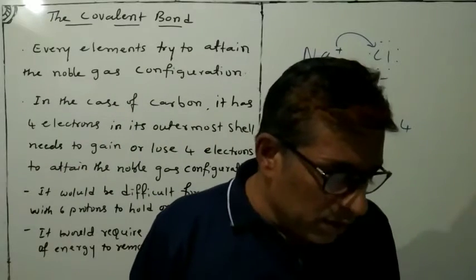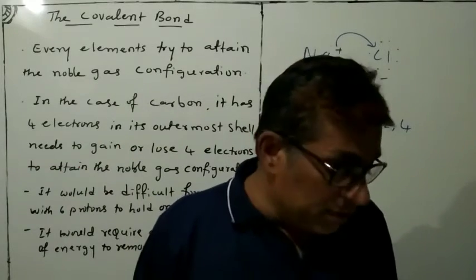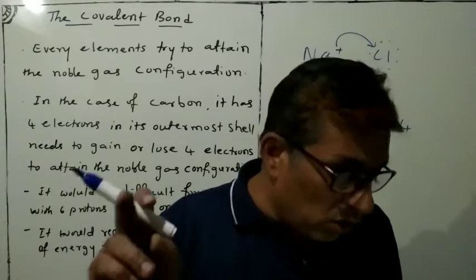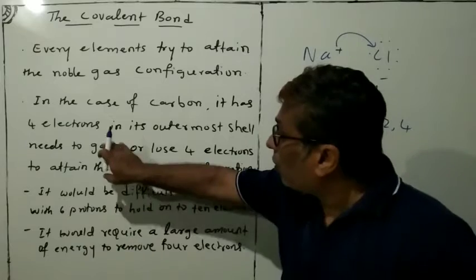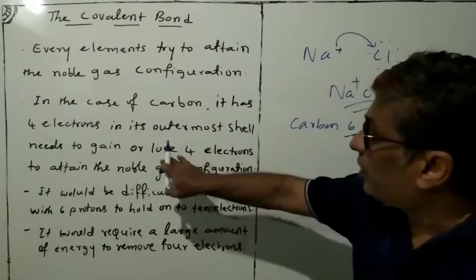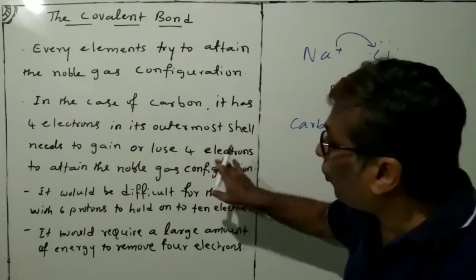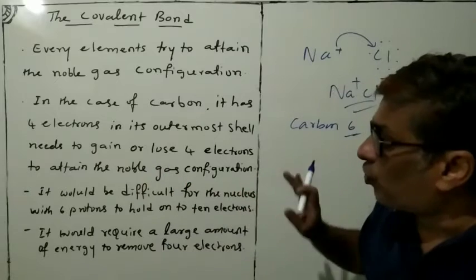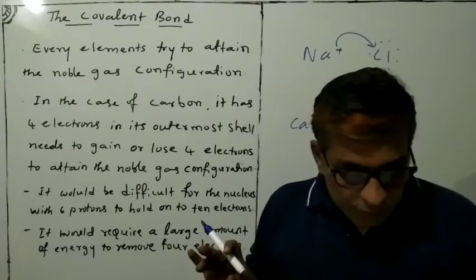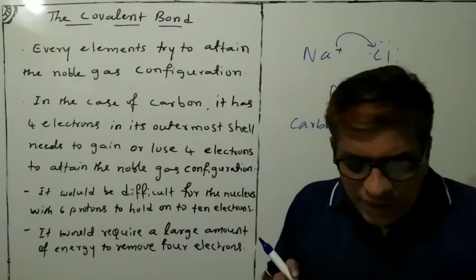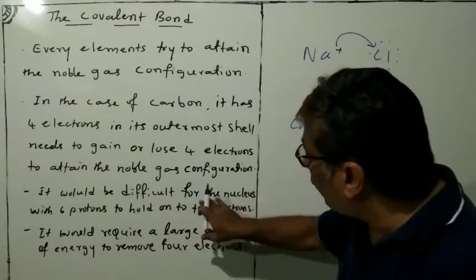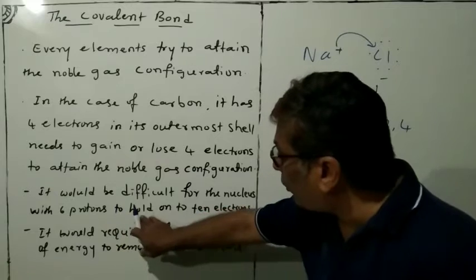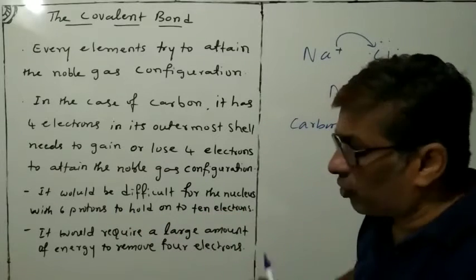Carbon has 4 electrons in its outermost shell and needs to gain or lose 4 electrons to attain the noble gas configuration. But here, it would be difficult for the nucleus with 6 protons to hold on to 10 electrons.